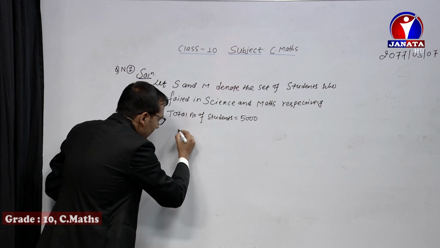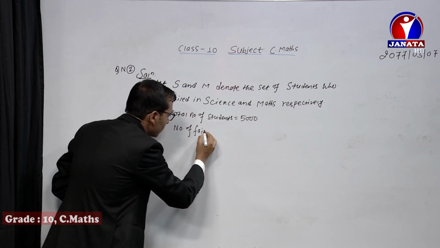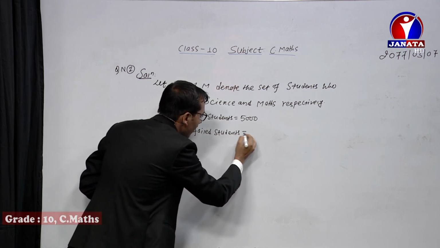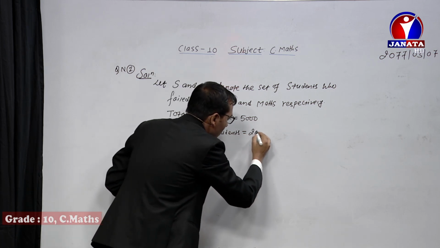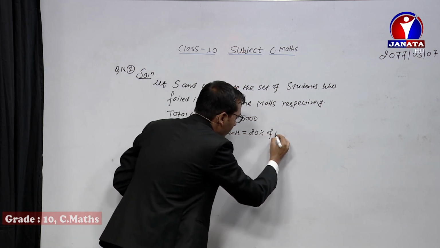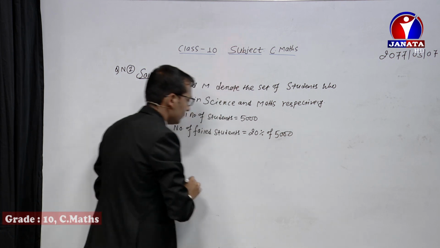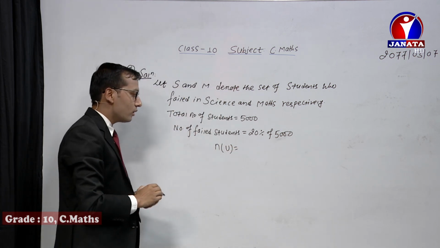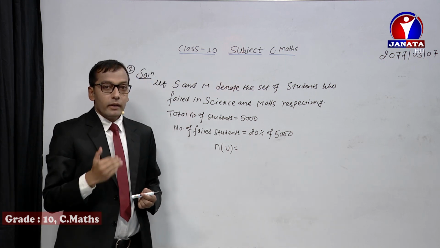So the number of failed students is 20% of 5,000, and this is n of U, because the question talks about only the failed students.